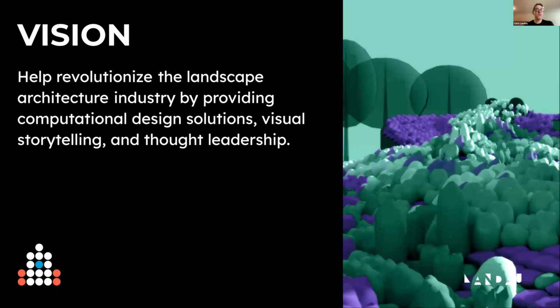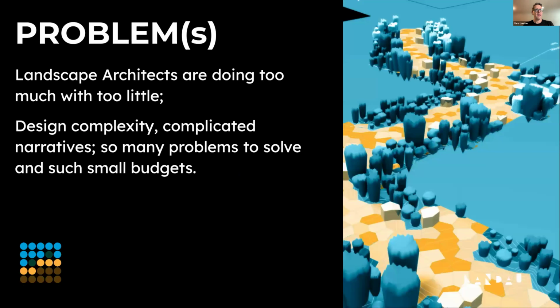We want to revolutionize landscape architecture, and sometimes this sounds like hyperbole, but for stuff like this, I think it's dead on: to think at scale about how we can get trees into the urban environment as fast as possible, and help landscape architects handle all the complexity they deal with on a daily basis.